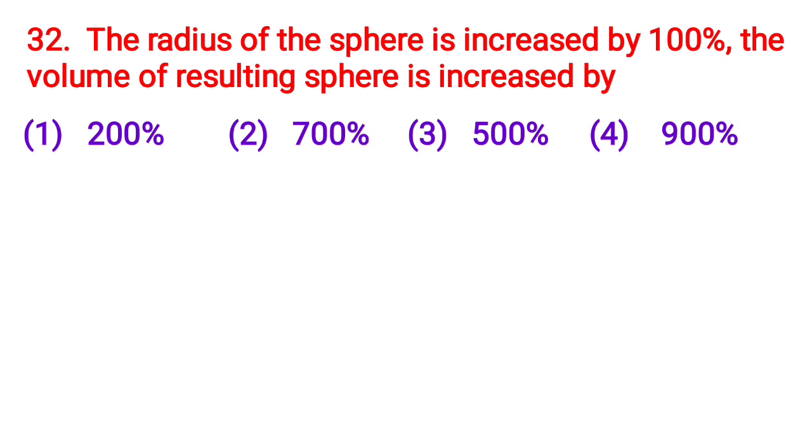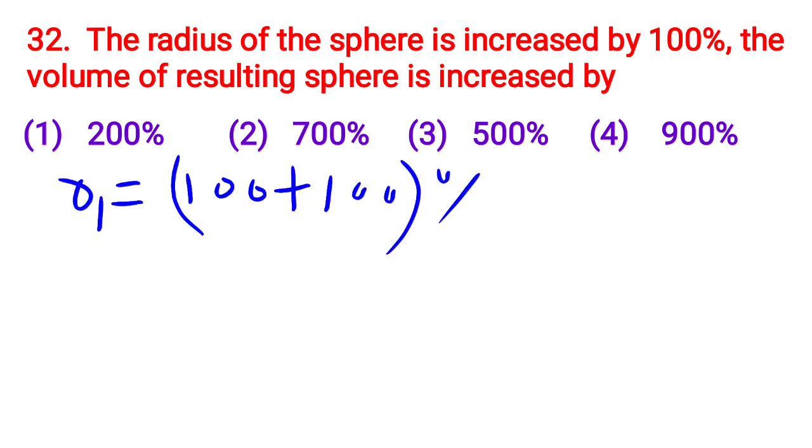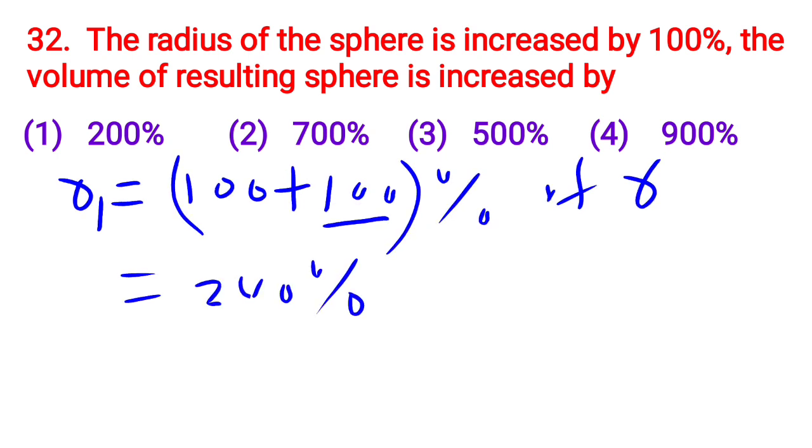After increasing the radius by 100%, we get the new radius, which I am taking as R1. R1 is 100% increased, that means 100 plus the increased percentage value, so 100 plus 100, 200% of the previous radius.